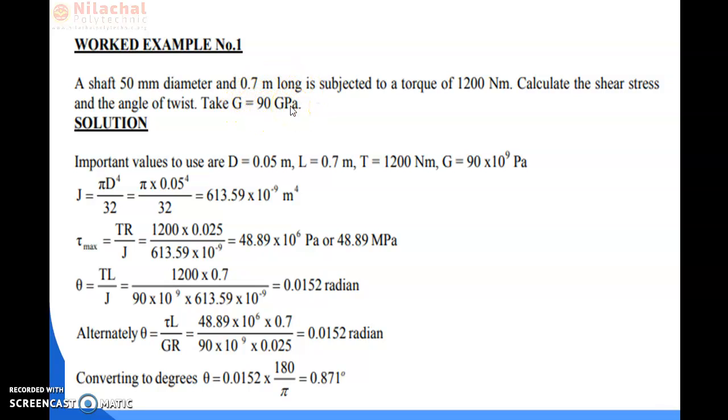First of all, we have to write down the data given in the question. The diameter of the shaft is given, that is 50 mm. Now we can convert this mm value into meter, so we have 0.05 meter of diameter.